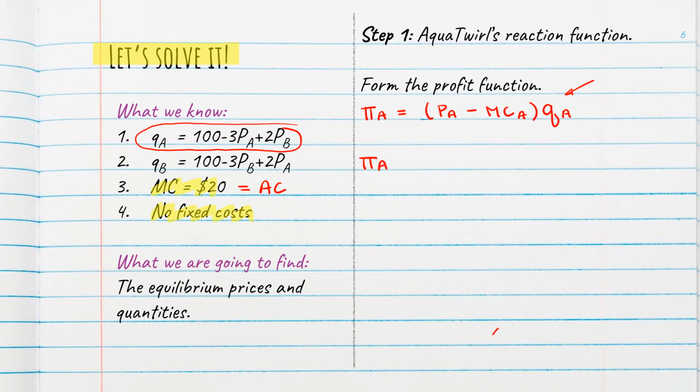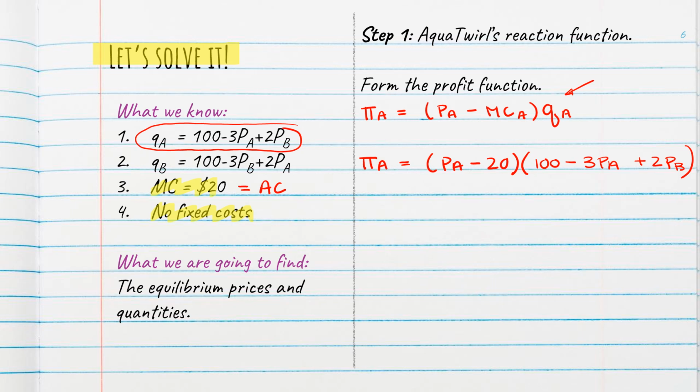The profit for AquaTwirl is PA minus marginal cost of 20 times QA, where QA is 100 minus 3PA plus 2PB. Now I recognize that this is algebraically very ugly, and unfortunately we either need to leave it like this and our derivative will be quite complicated, it will require the product rule, or we need to expand these parentheticals.